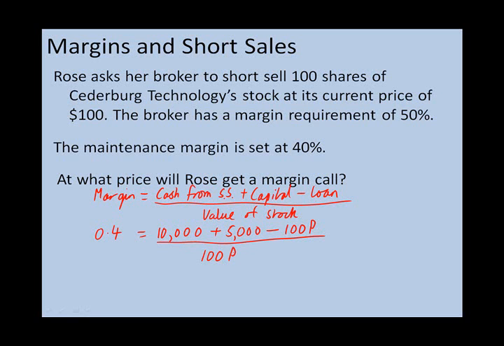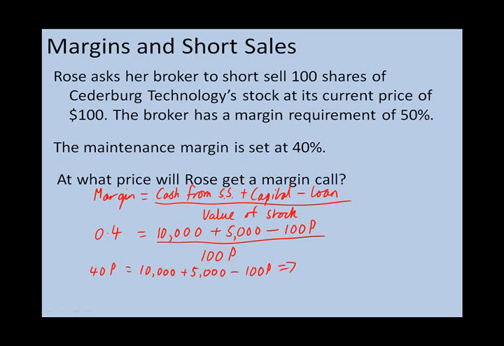First thing to do now is multiply both sides by 100 times P, which gives us 40P, which is equal to 10,000 plus 5,000 minus 100P.